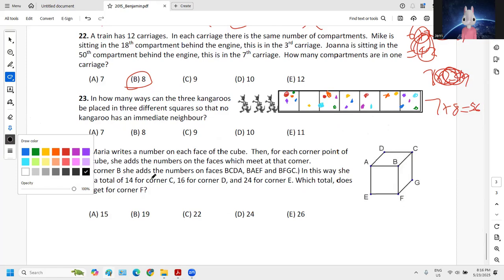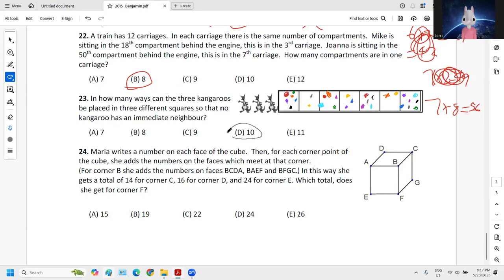And now black. Here, here and here. And then we'll use a lighter shade of black. Here, here, and here. So then there it is. Done. That's 10 at most. So D is the answer.